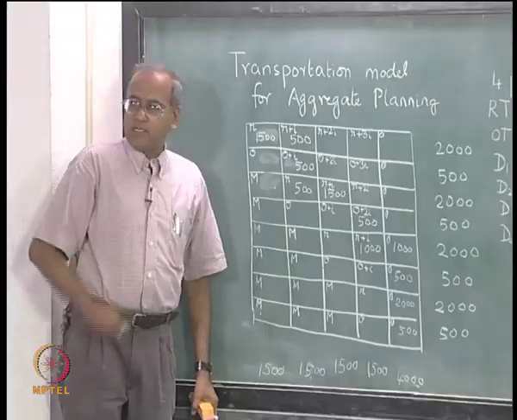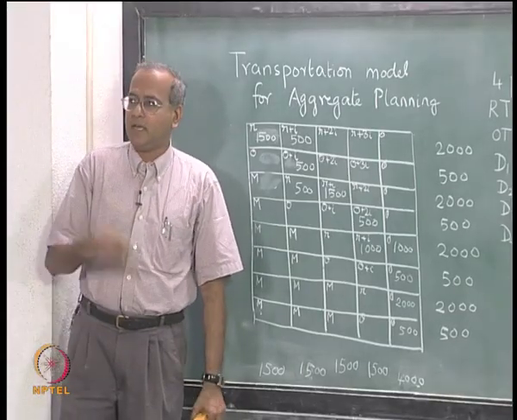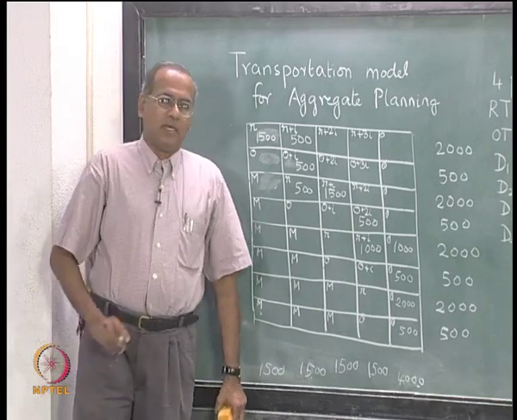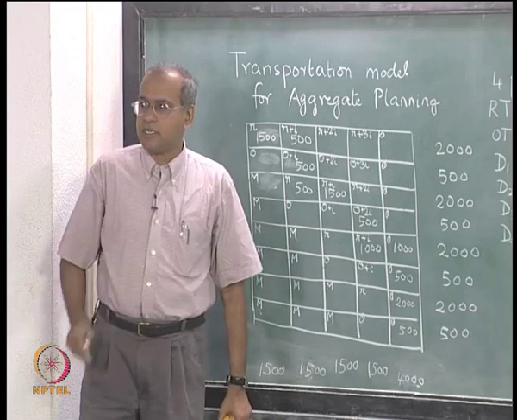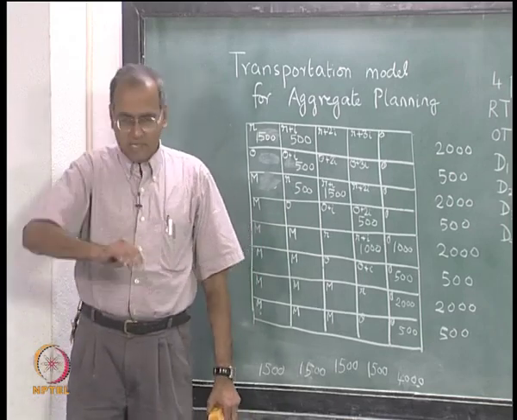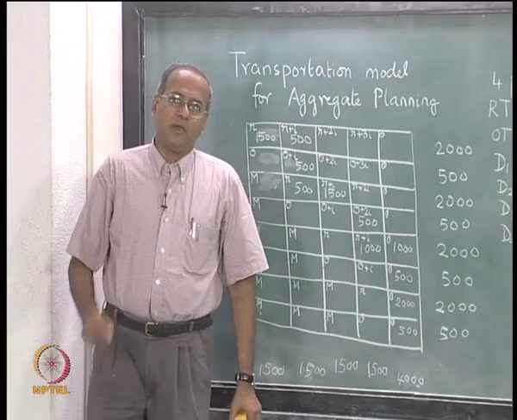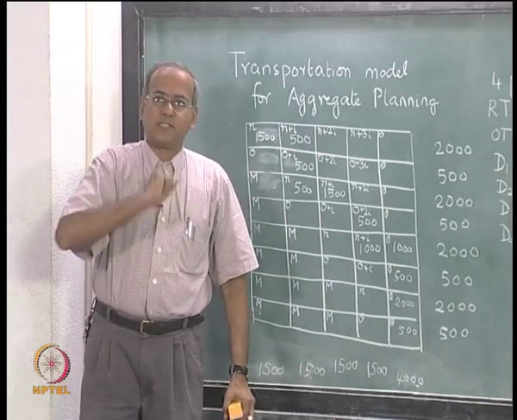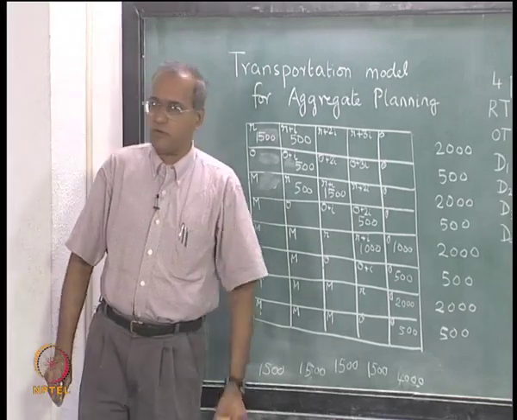Now, in transportation problem, if we have m supply points and n demand points, every basic feasible solution should have m plus n minus 1 allocations or less, but these allocations have to be independent. If we have less than m plus n minus 1 allocations, then it represents a degenerate basic feasible solution.